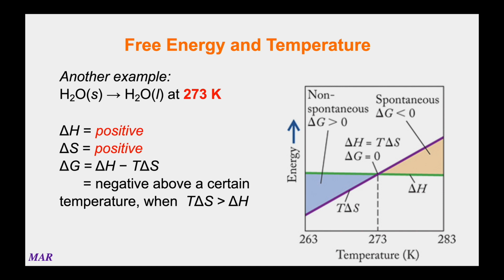So 273 Kelvin is the threshold between when this is going to happen naturally and when it won't. Ice won't normally go to liquid water below 273 Kelvin, but above 273 Kelvin, absolutely, ice cubes will melt easily. This is kind of a practical use of this threshold temperature, kind of an interesting idea.